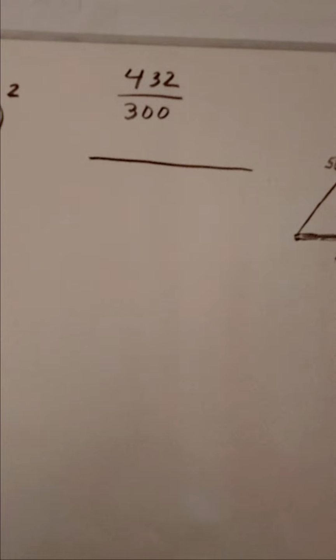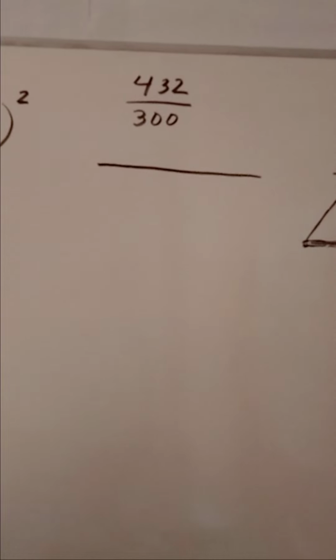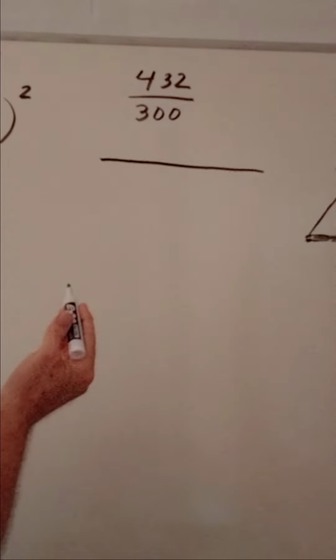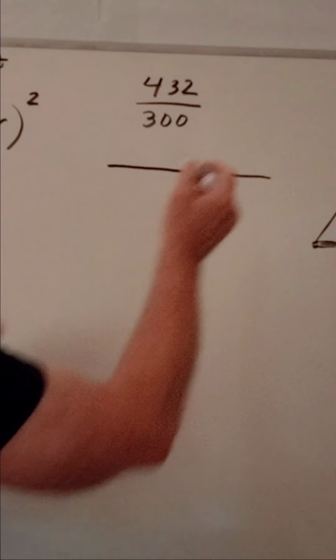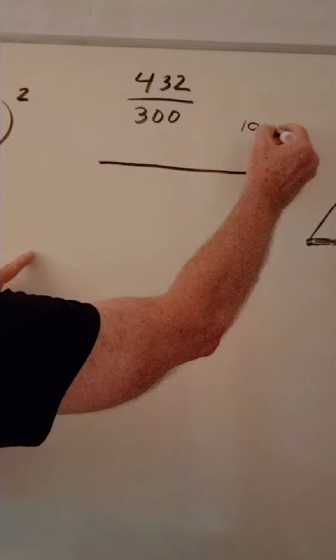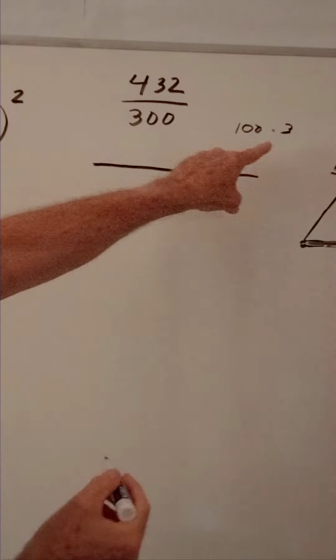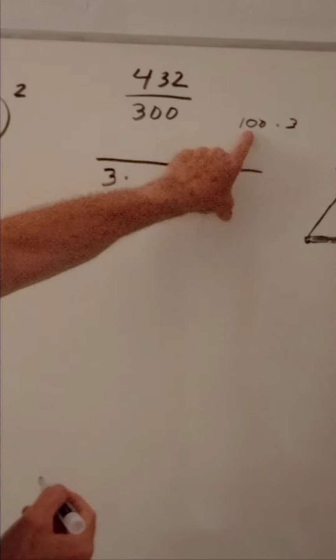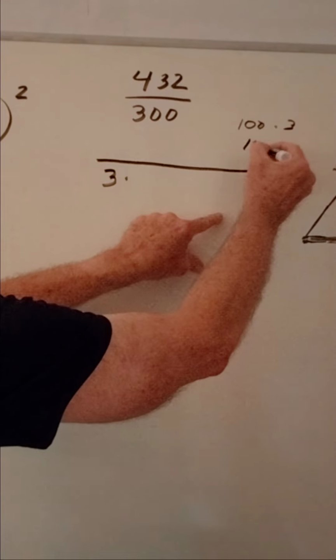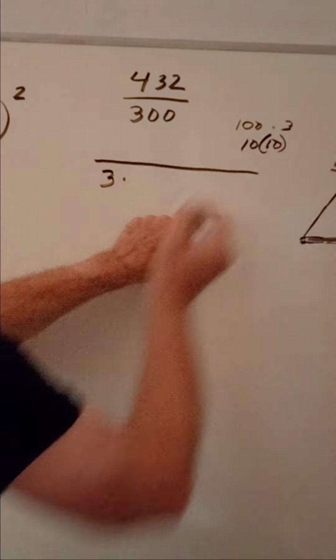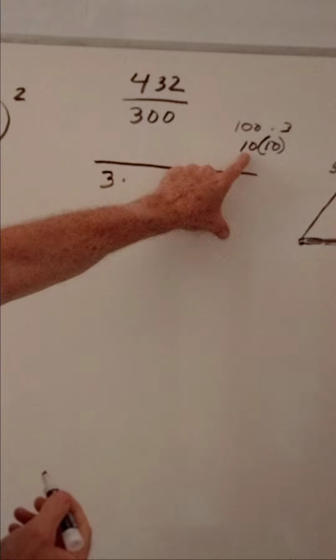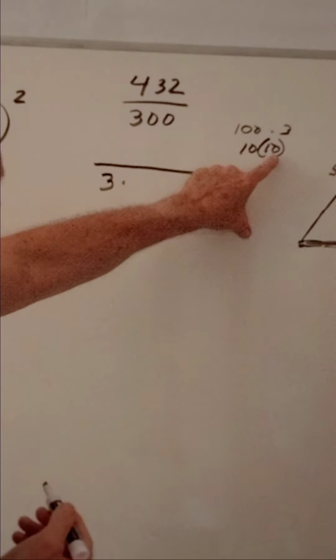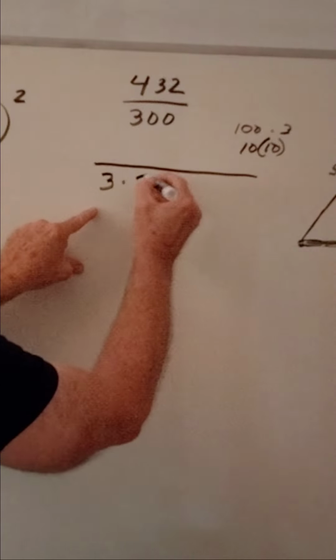That means 300 has a 100 as a factor. It's 100 times 3. I'll just kind of note that right here. I'm going to bring down that 3 because it's prime. 100 is 10 times 10. And that 10 is 2 times 5, and that's 2 times 5.